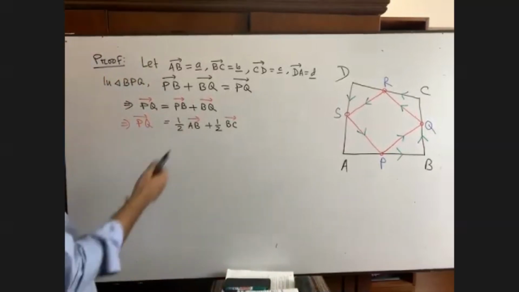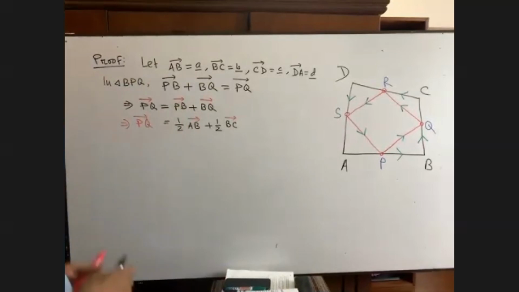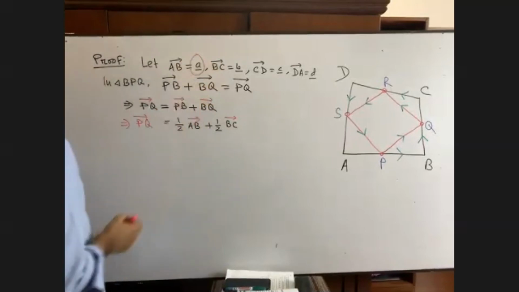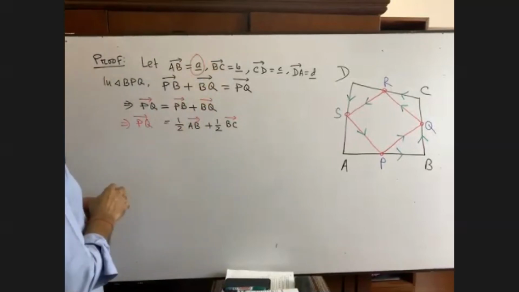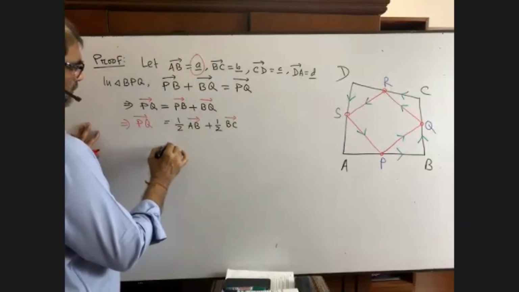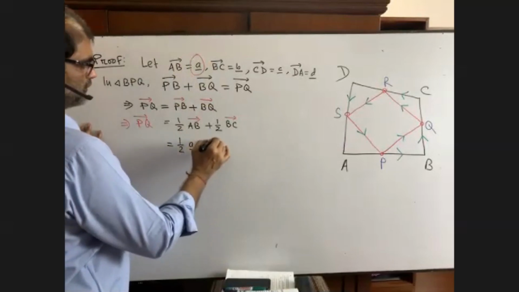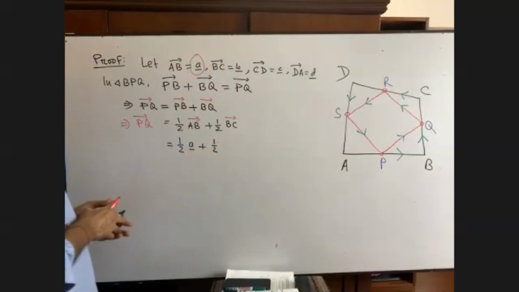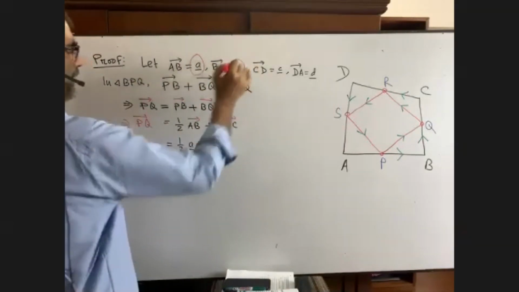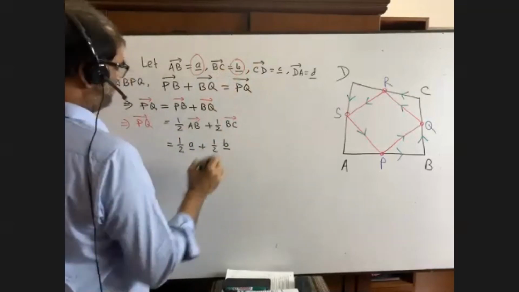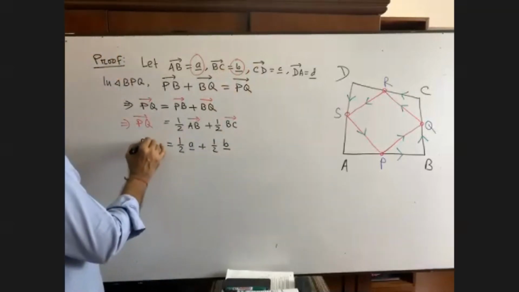Now, what about AB? AB equals A. So we put the value: half of A plus BC equals B, half of A plus half of B. It is PQ.